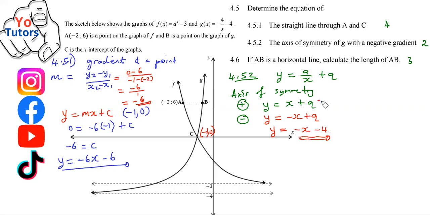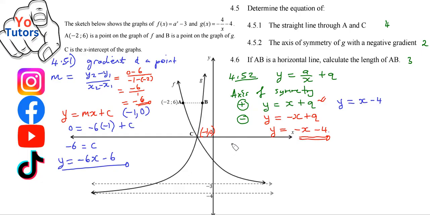This one I just gave you for next time, so that you know that the equation of the axis of symmetry, the positive one, is y equals x minus 4. So that will be the positive one with the positive gradient. The gradient here is positive, and the gradient here is negative.